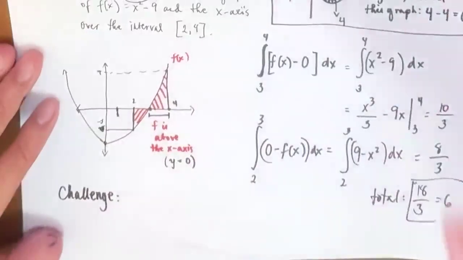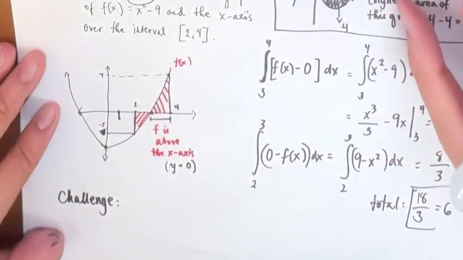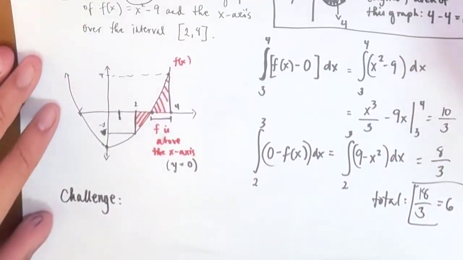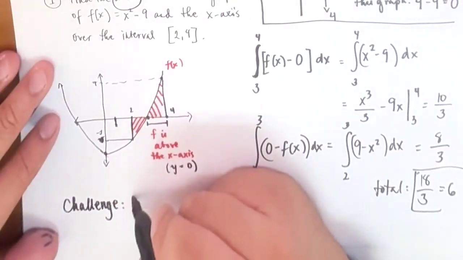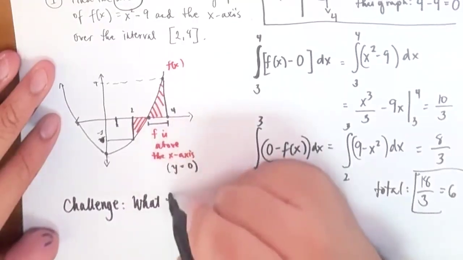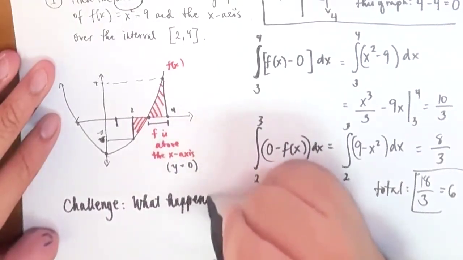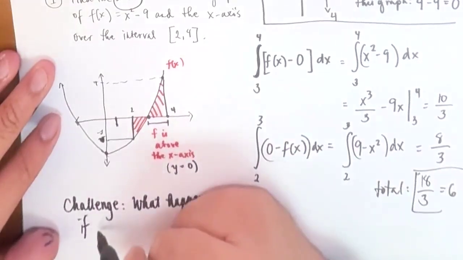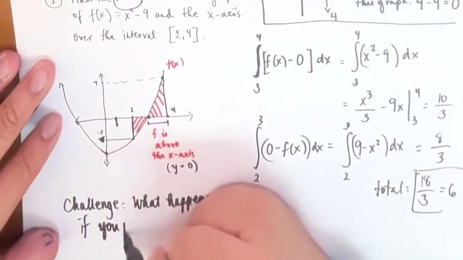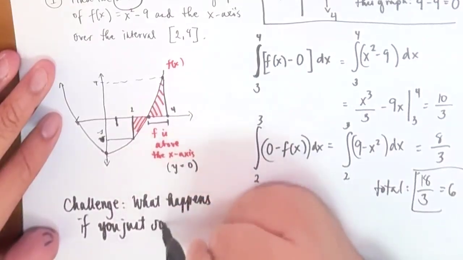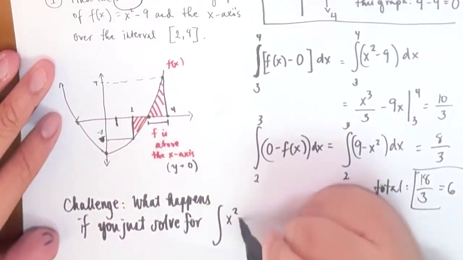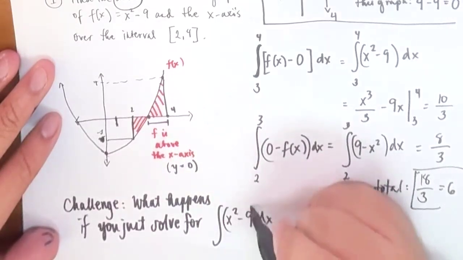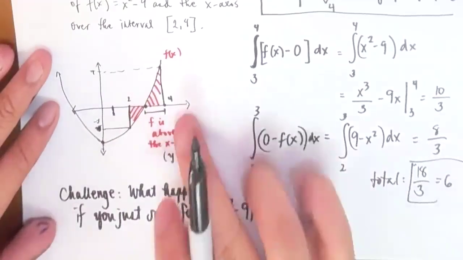and this is number one of your quiz. What happens if you just solve for the integral of x squared minus 9 dx from 2 to 4?